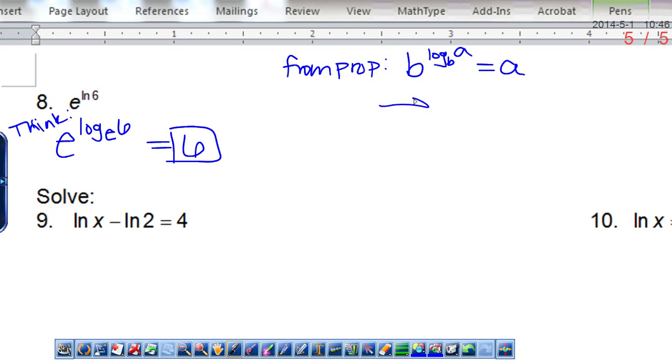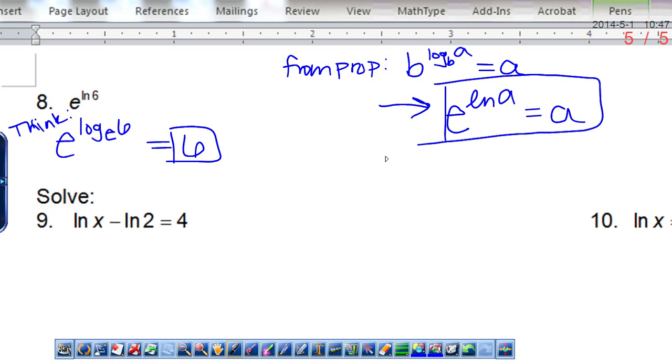Which means that we now have a new version of that property: e to the ln of a is always going to be what? a. All of our rules still apply because natural log is still a log. So all of our log rules still apply from earlier in this unit.